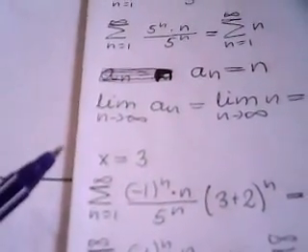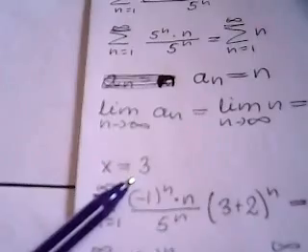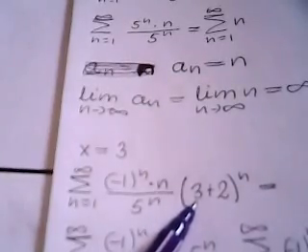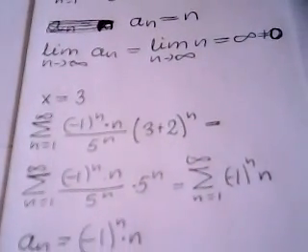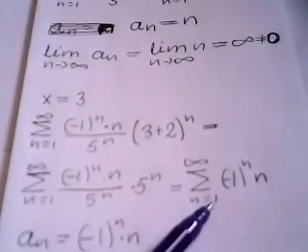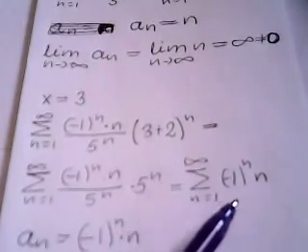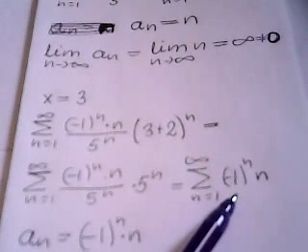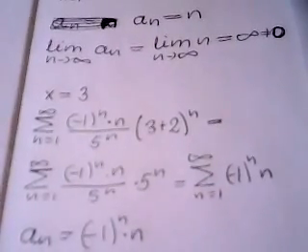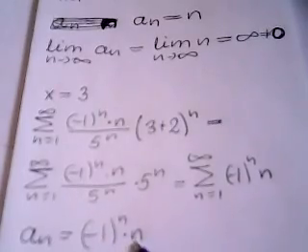Now I check what happens when x equals 3. I substitute 3. In this bracket I have 3 plus 2. I simplify. Finally, I have the sum from n equals 1 to infinity of (-1)^n times n. My a_n is (-1)^n times n.